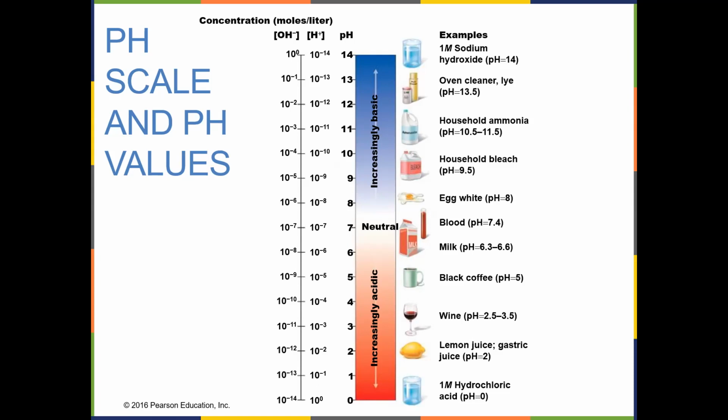Milk is slightly acidic at 6.6. Coffee is 5. Wine is 3.5. Lemon juice is 2. And hydrochloric acid is 0. Soft drinks, Coke and Pepsi and stuff like that, come in usually between 2 and 3 because of all the carbonic acid inside there.